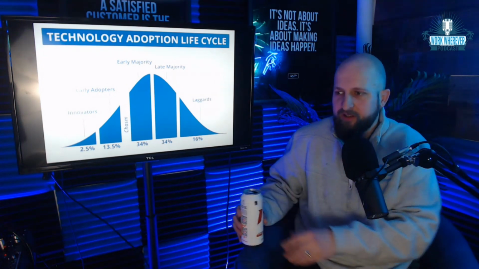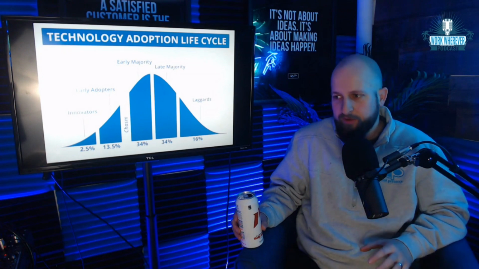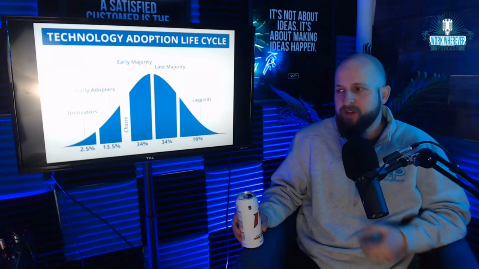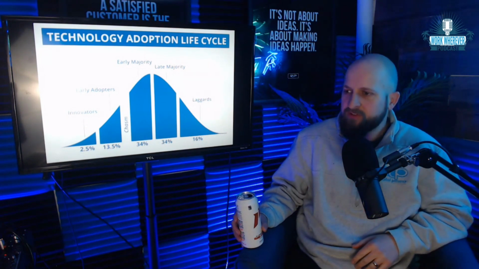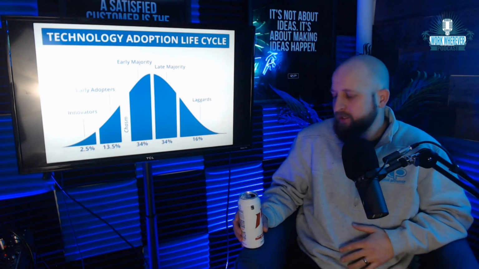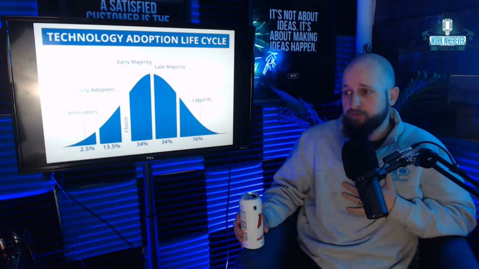And the technology adoption life cycle is a sociological model that describes the adoption and acceptance behaviors of individuals when it comes to a new product, innovation, automation, anything that you're implementing into your systems or business or self, really.